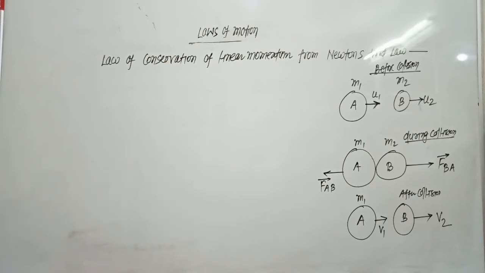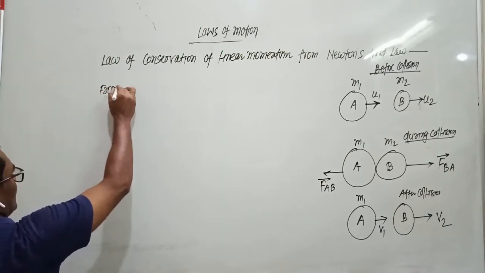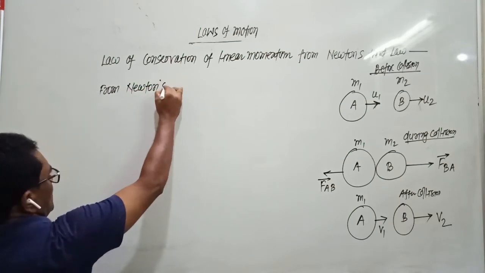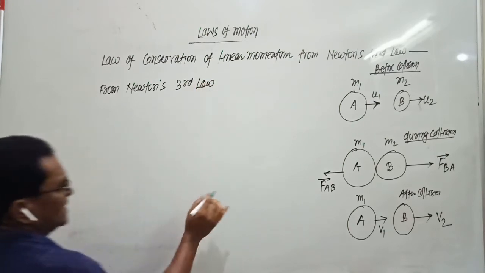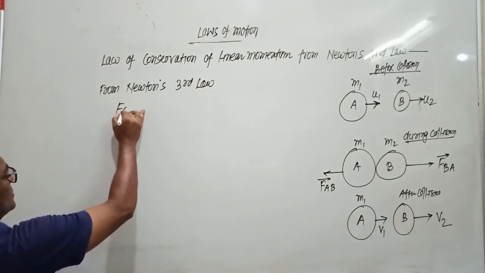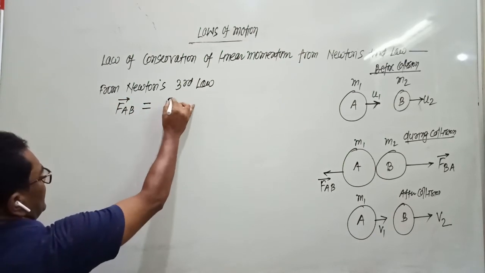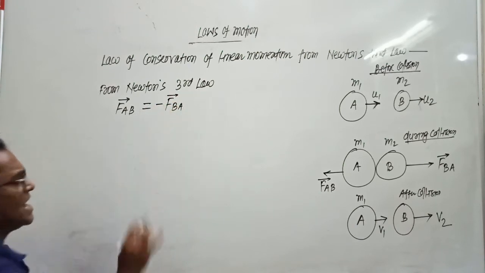From Newton's third law, we can write that these two forces, FAB and FBA, are equal in magnitude but opposite in direction.